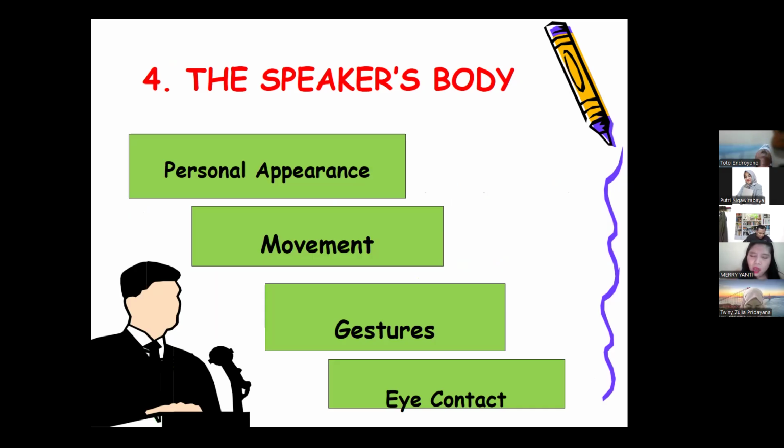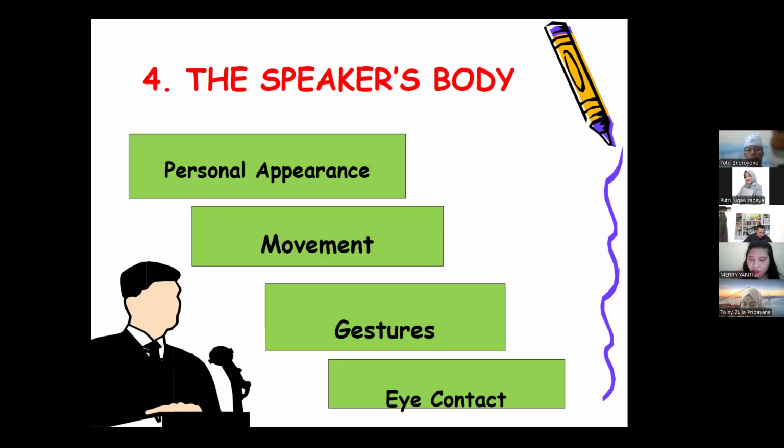The speaker's body, that's one, and personal appearance. For example, how you look, including your clothing and grooming, makes the first impression. For example, we have to wear a neat shirt and dress pants when giving a classroom presentation or giving a pitch or speech, to show you are prepared and respectful.